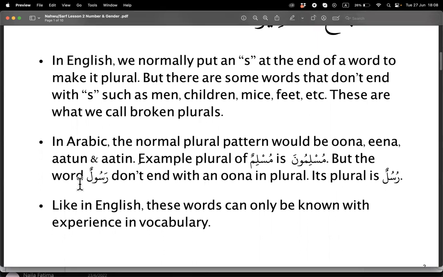You don't put that. For Nabi, yes, Nabiyyuna, we can have that. And we can also have Anbiya, also Nabi. But for this word, we only have Rusul. So all these words, we know them through experience from vocab, just like English, the more we read, the more we know.